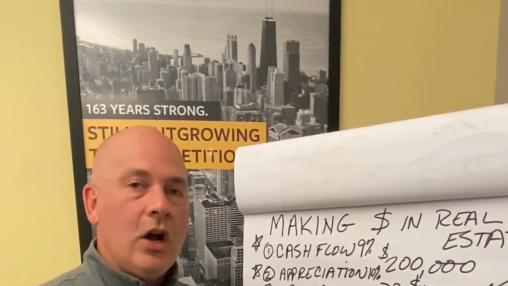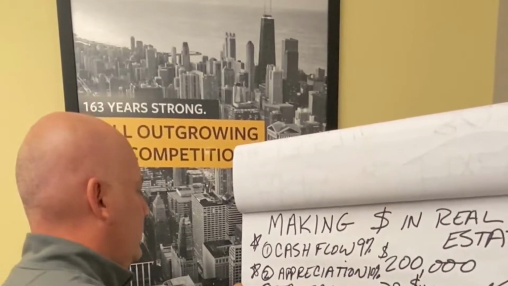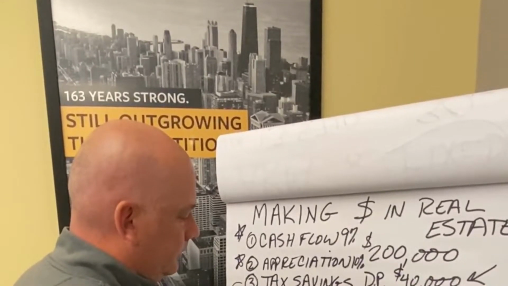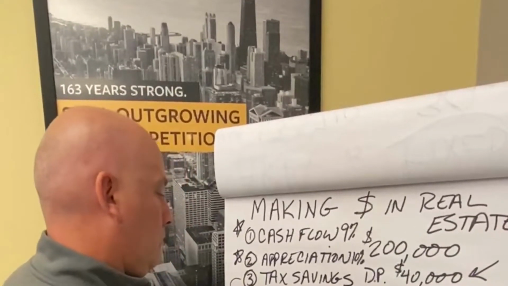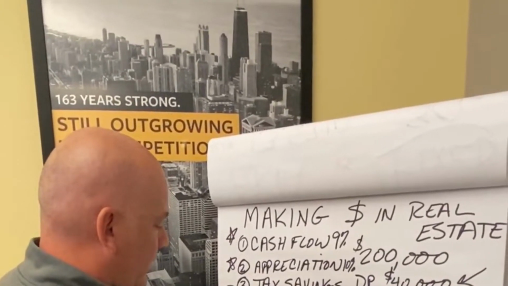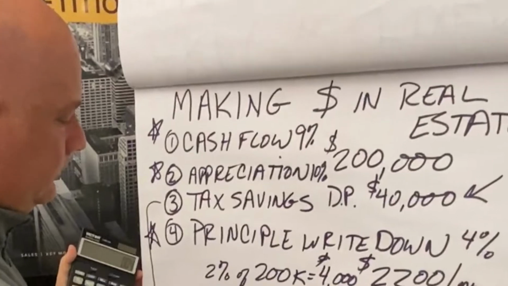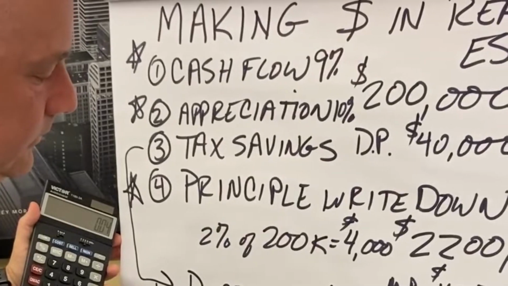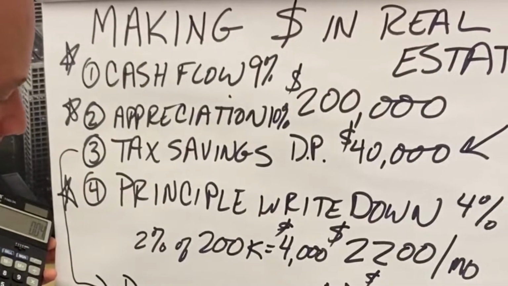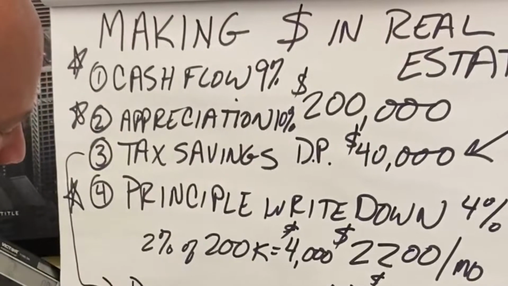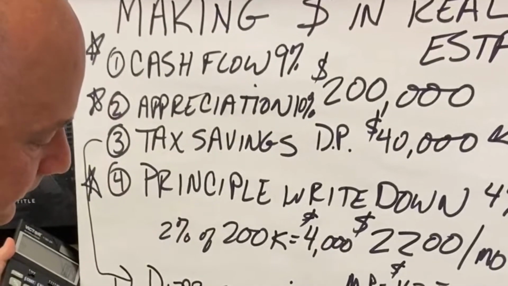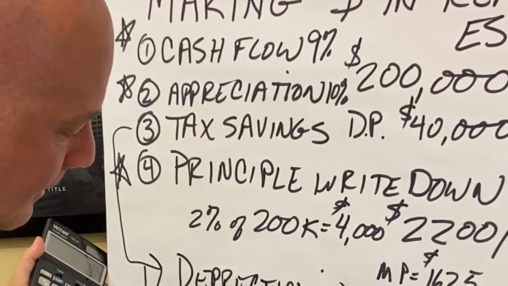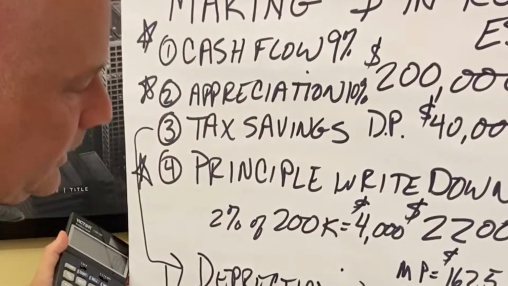Your tax savings are calculated by a lot of different methods. Number one, you have depreciation. Number two, you have expenses. And under expenses, you're going to have repairs, taxes, interest, and insurance.